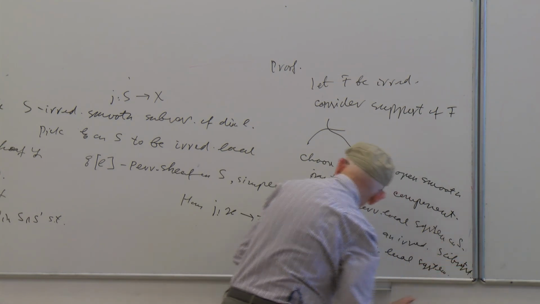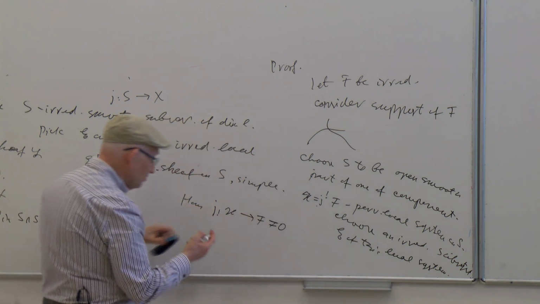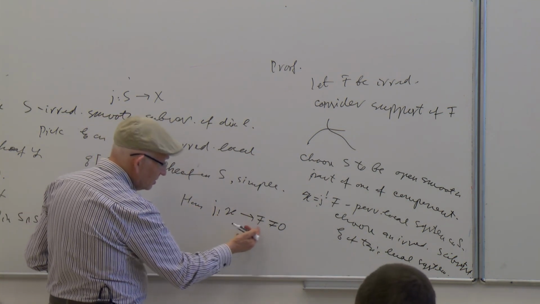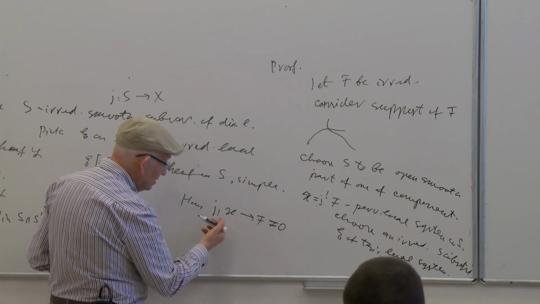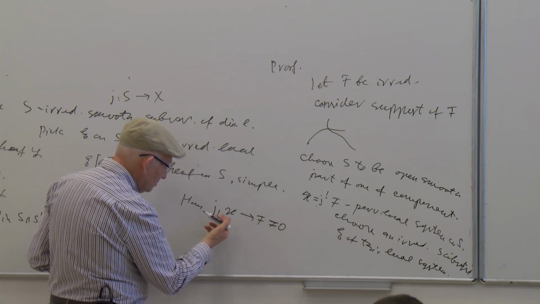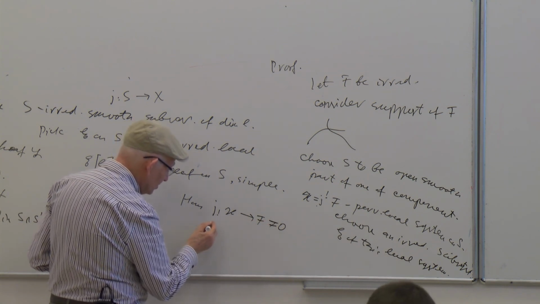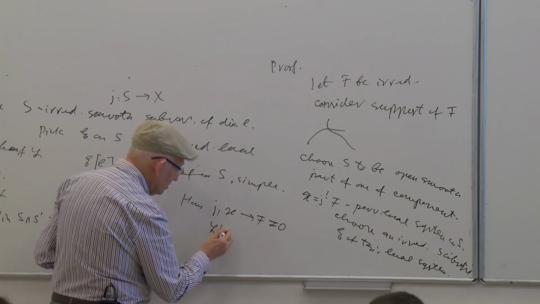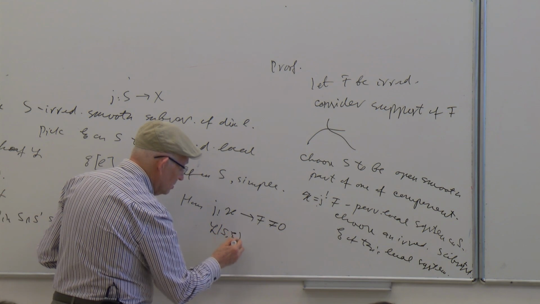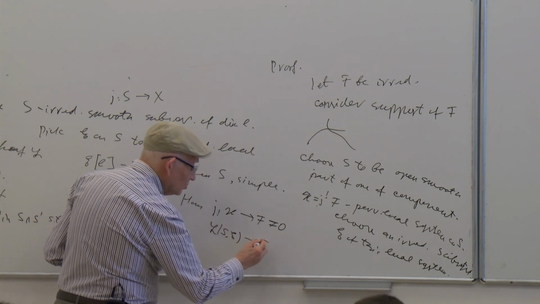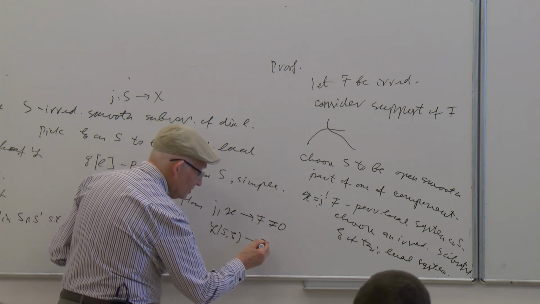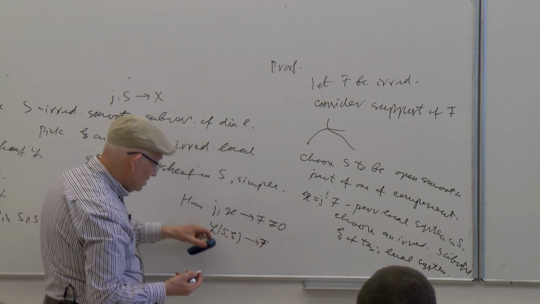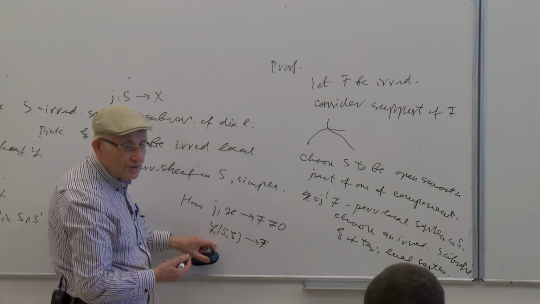Then this implies, by adjunction, that Hom(j_! H, F) is not equal to 0. So this implies that this L(S, E) has a non-zero morphism into F. And hence F is isomorphic to L(S, E).